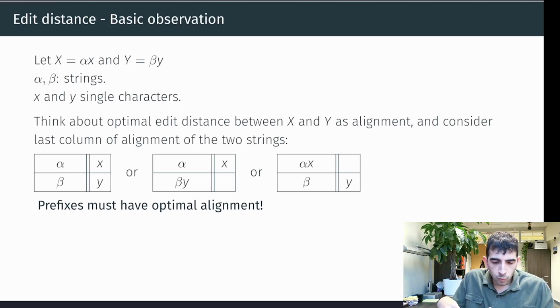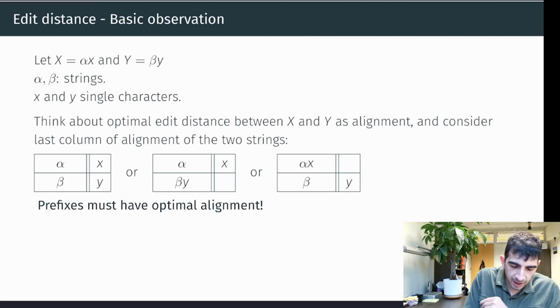So, we have two strings. We have strings alpha and beta, and we have characters. Let's define them as x and y. So let's say that our string x is equal to alpha x, i.e., the alpha here is the prefix of x, and the beta here is the prefix of y.